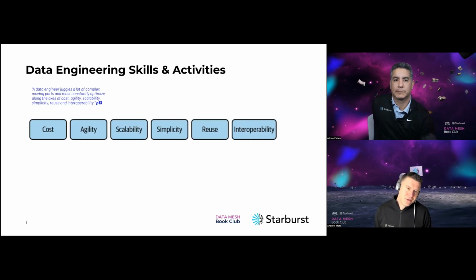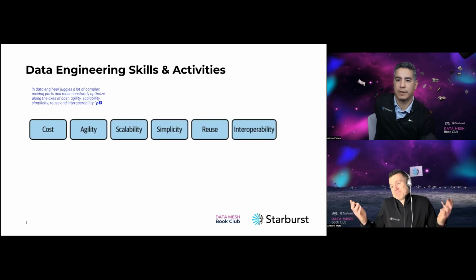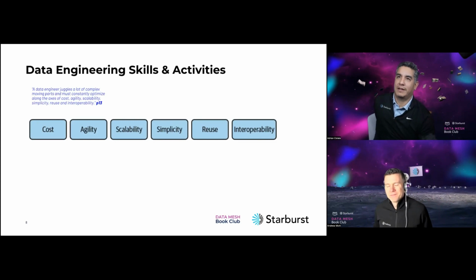I think these are all important, but it's worth being aware that you will probably optimize for some more than others, and that's fine. Just be aware of that. You may optimize for simplicity by putting all your data in a single thing, but then you're losing interoperability. Yep.